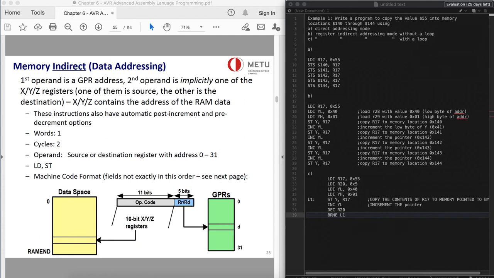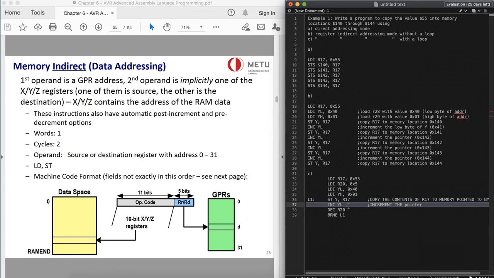So that means they can go from the address 0000 to FFFF, which covers the entire 64K memory space of the AVR. Now, over here, when you use increment YL, it will not propagate the carry into the YH register. There is no ability in the AVR to do that.